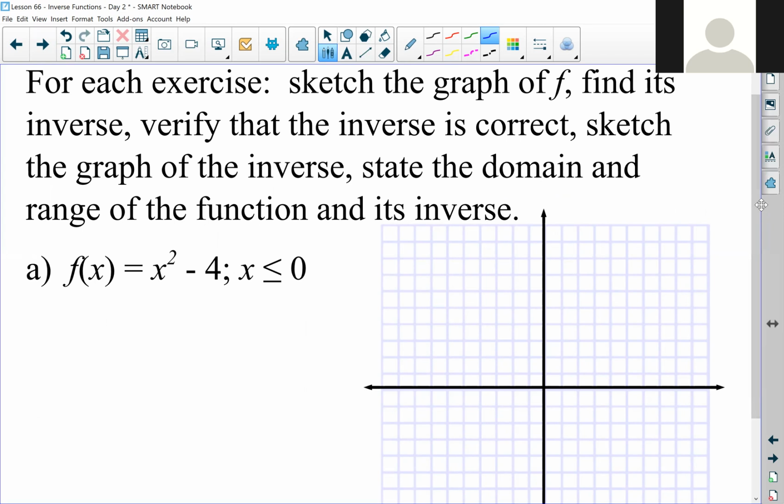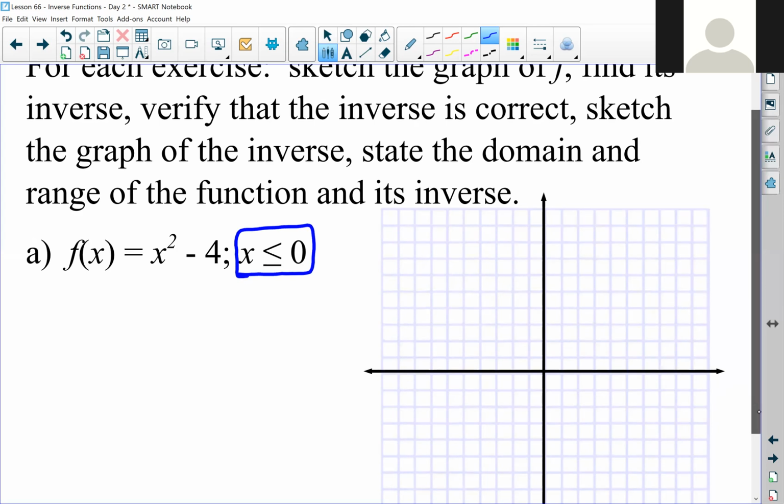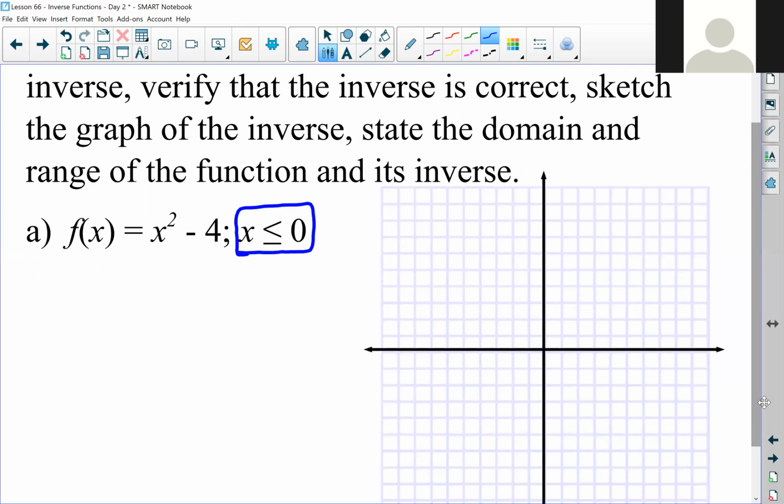So here we have a parabola, but we're only concerned with points where x is less than or equal to 0. So one way to graph is just by picking some values. If I plug in 0, I get -4. And I think you're going to be asked to label the points in your homework. I should double check. Label at least 3 points.